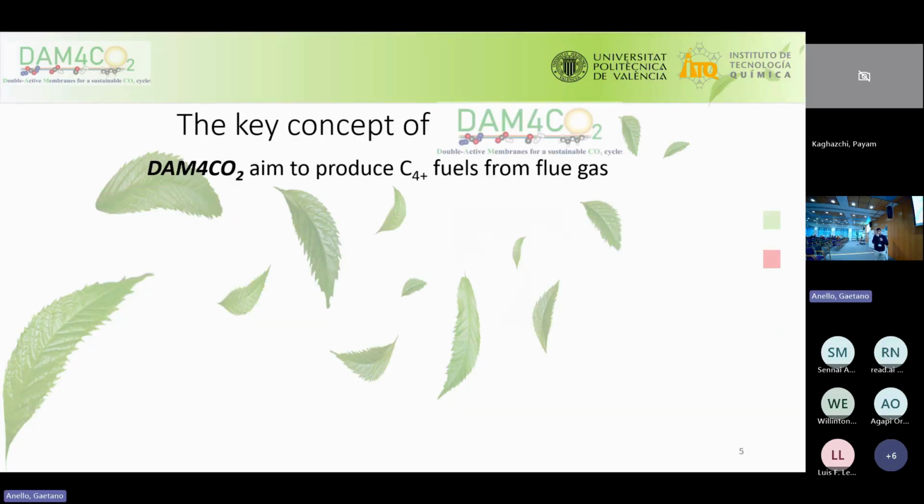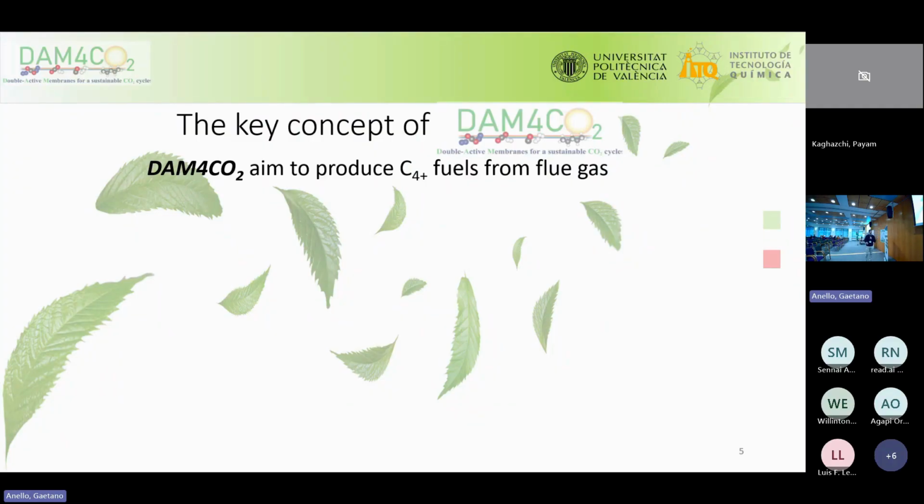So, at the IWSCT, we are participating in the Dam for CO2 project. Okay, and the main goal of the project is to purify CO2 from flue gas and to convert this CO2 to C4 products. It's very challenging because the conditions that we have for the catalysis are not the best to achieve this target.